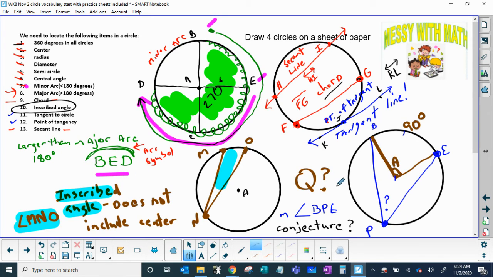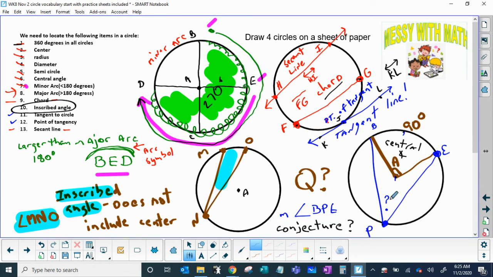The question I leave you with today is, if this is a central angle and we draw it such that it's 90 degrees, I'm going to strategically locate this point P so that it's halfway through the middle there.